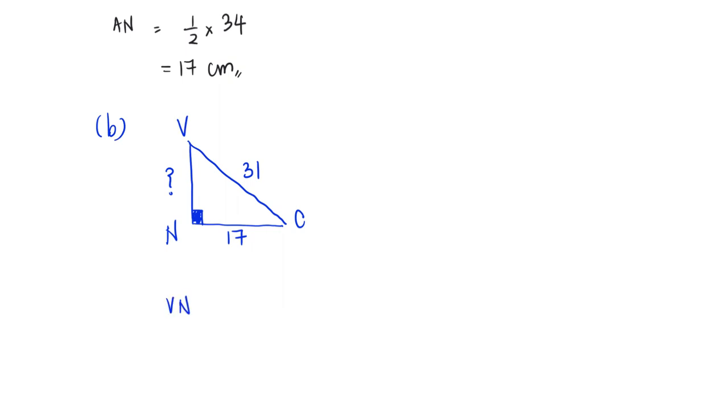So my VN square plus 17 square is equal to 31 square. And therefore, I just need to minus 17 square on both sides, after which I square root it. Yes. So 31 square minus 17 square.